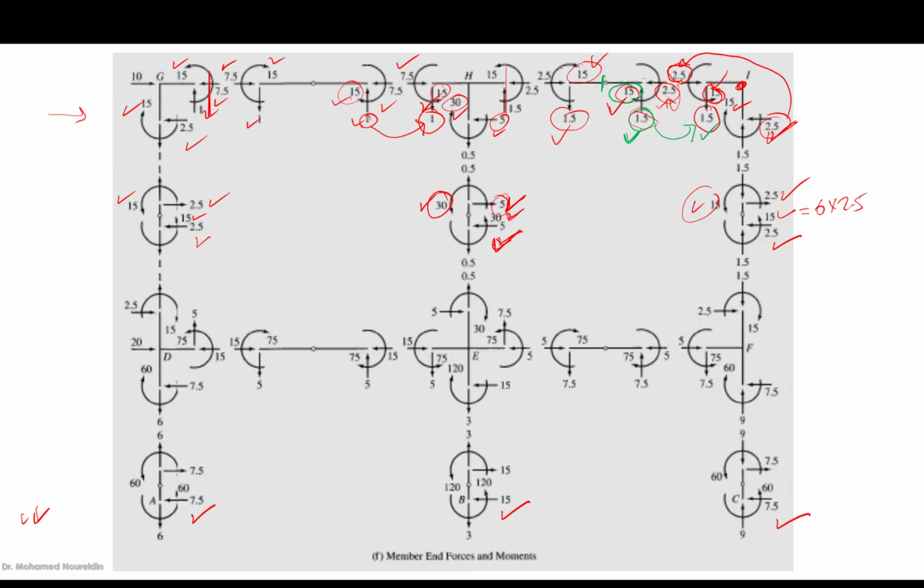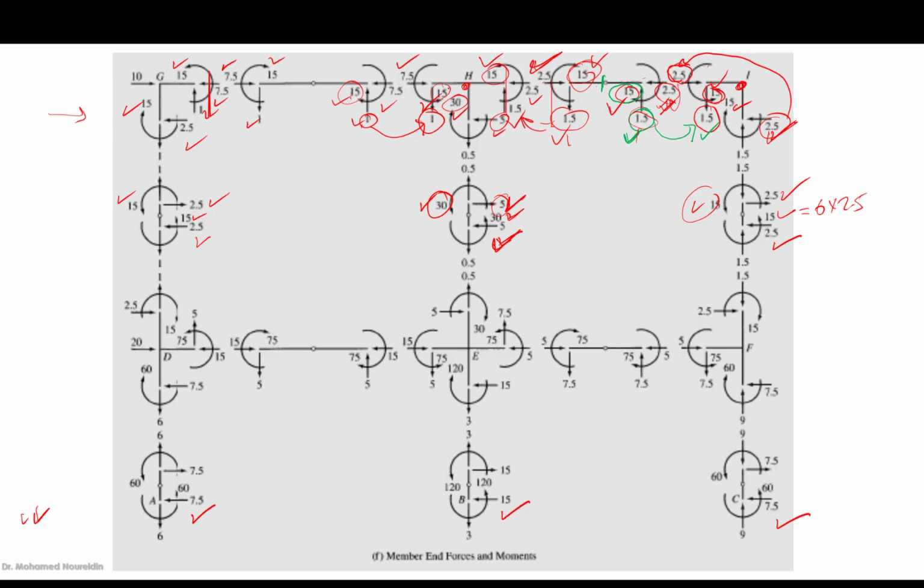Moments are the same sense for the girders, but shears are in different sense, different direction. We know this 2.5, then we know this 2.5. And then we are going to reverse everything here. This 1.5 is going to be reversed here. This is 15, then we have 15 here known. This 2.5 here, we know 2.5 here.